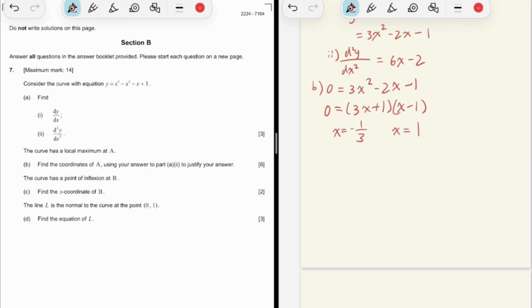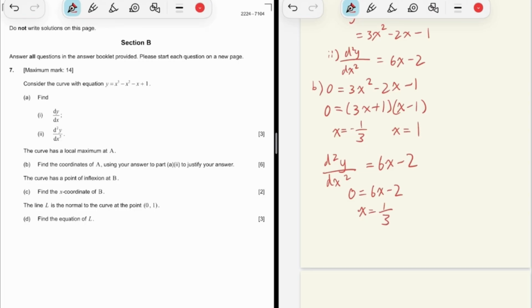Then you would use part 2 of a, where d squared y over dx squared is equal to 6x minus 2. So 0 equals 6x minus 2. So x equals 1 over 3.